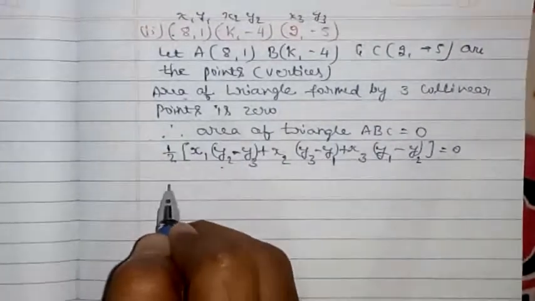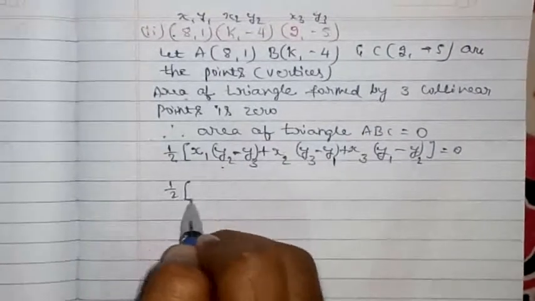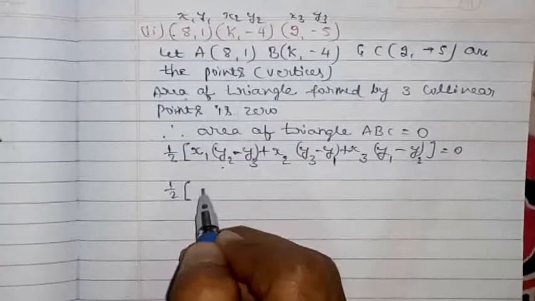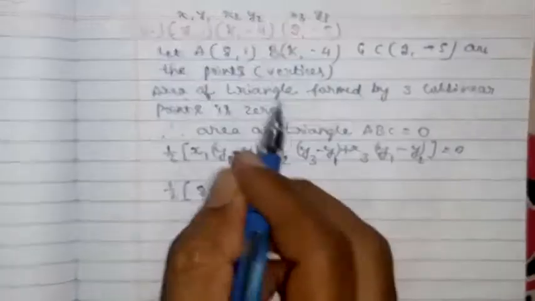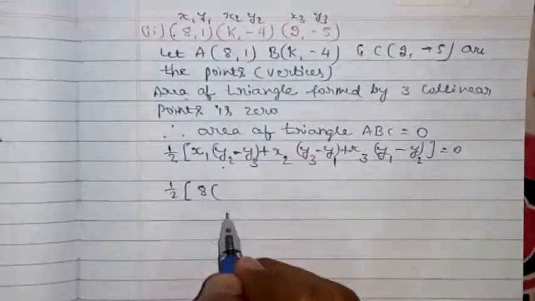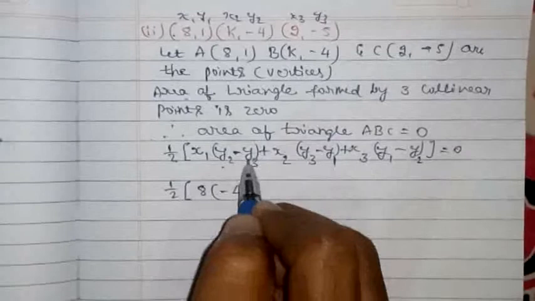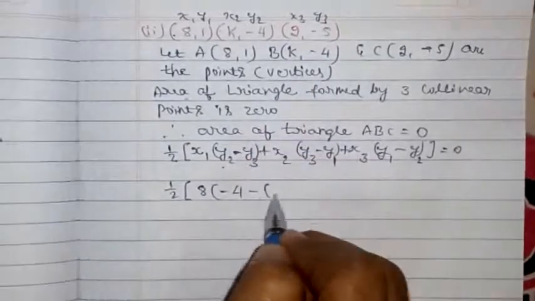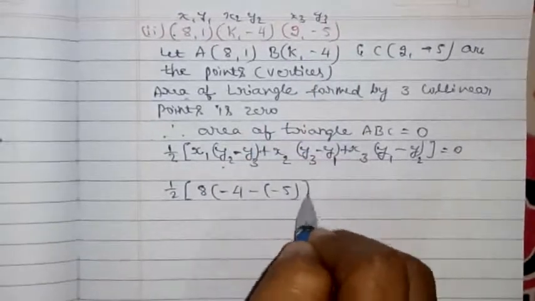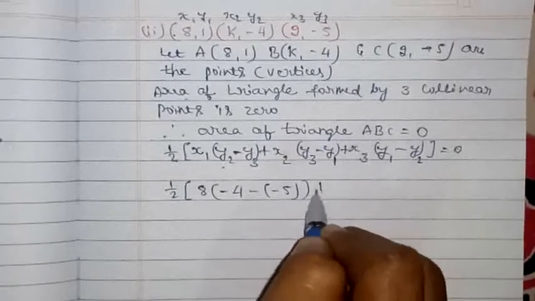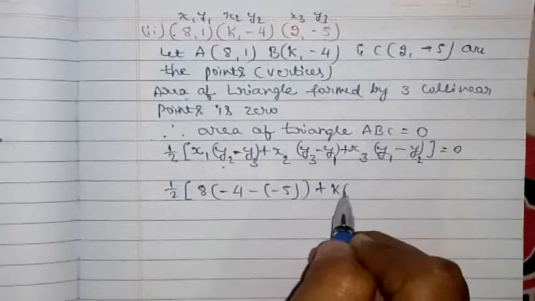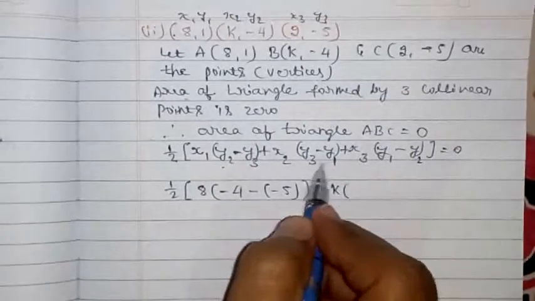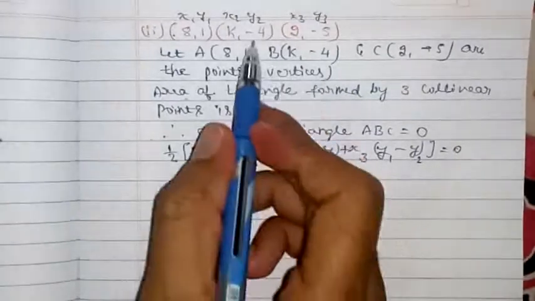So therefore half into, now what is the value of x1? Here x1 is 8 into y2. Here y2 is minus 4, so therefore minus 4 minus y3 is minus 5, so therefore minus of minus 5. So plus x2 is k into, okay, now here y3 is how much?